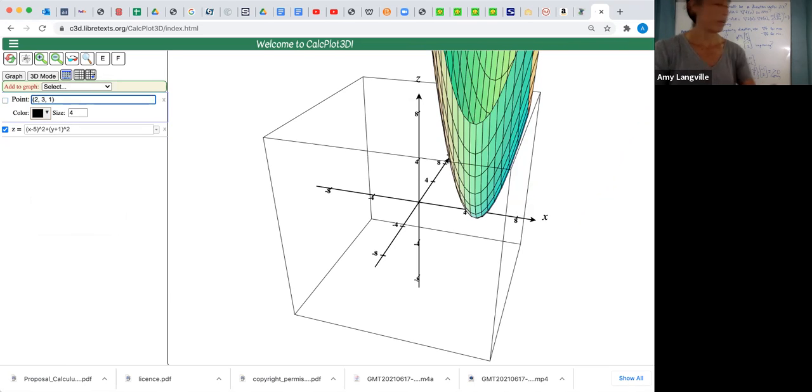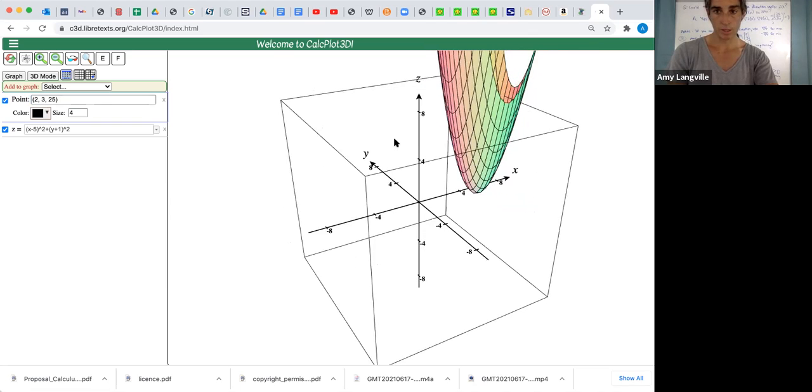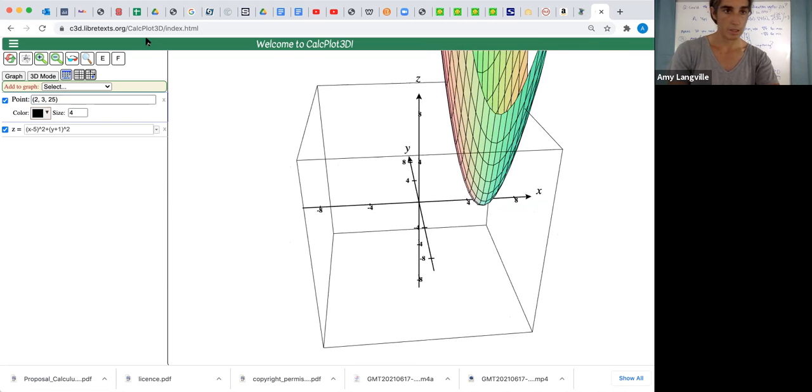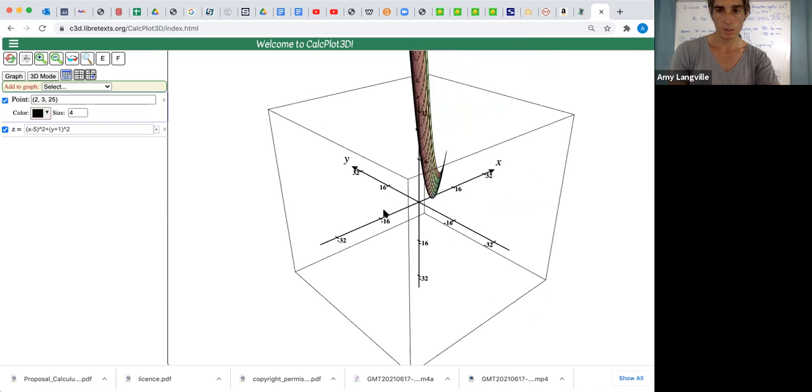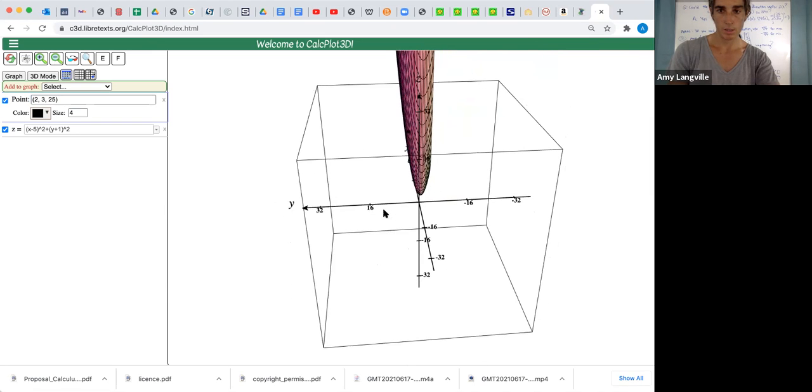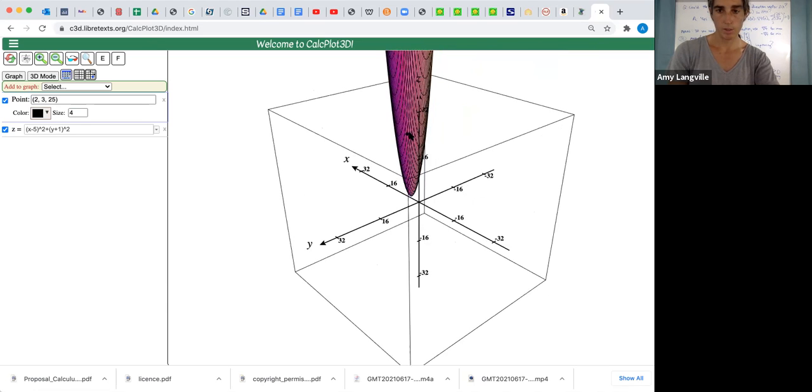What is the z value at 2, 3? We plug in 2, so we'll have -3 squared is 9 plus 16, 25. So I think the z value would be 25. And so we're up on the surface. Let's see if we can find that. Not high enough. Move out a bit more. Oh, here's our point right there.